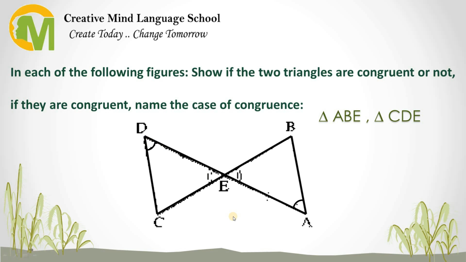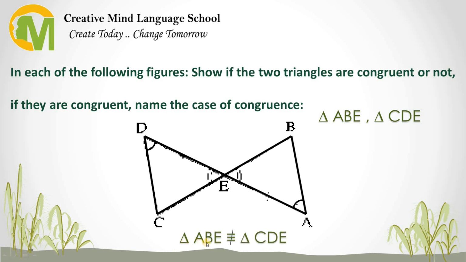And if you recall the four cases of congruency between two triangles, we should have at least one side mentioned. To prove congruency between two triangles, we should have at least one side given. We don't have any side given in this example, so the information given is insufficient to prove congruency.